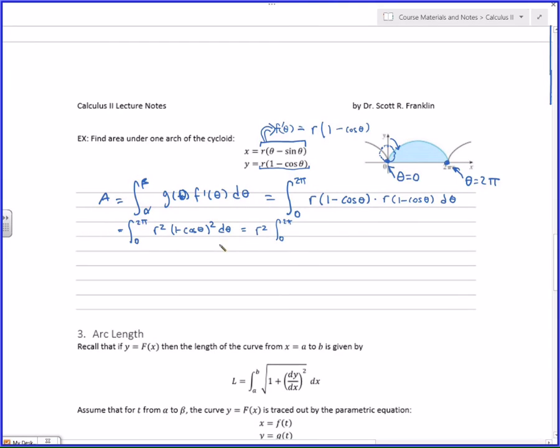So if we multiply that out, if we FOIL it, what do you get? All right, 1 minus cosine theta times 1 minus cosine theta. 1 minus 2 cosine theta plus cosine squared theta. All right, 1 is easy to integrate. 2 cosine theta, easy to integrate. Cosine squared, I need an identity. Because squares are a pain, but I know that there's an identity somewhere that changes cosine squareds to not cosine squareds.